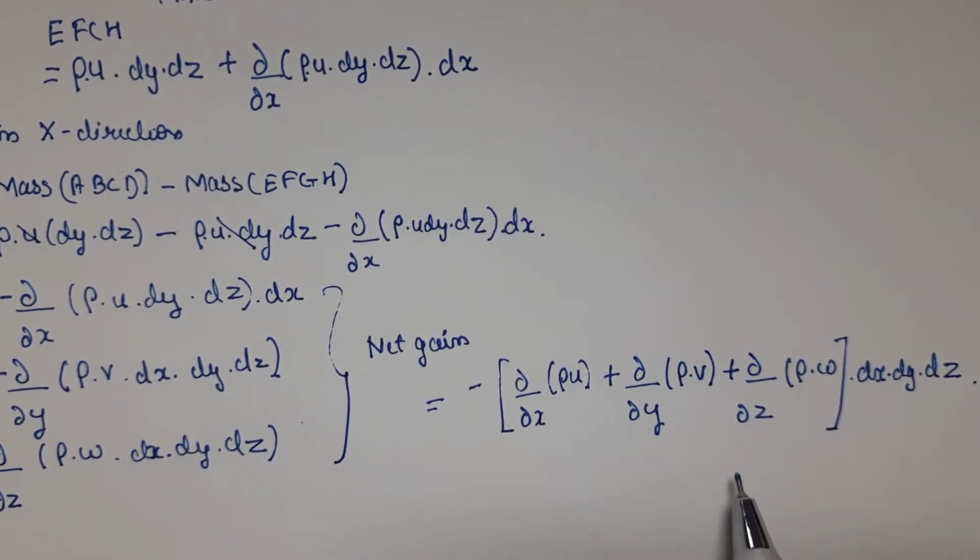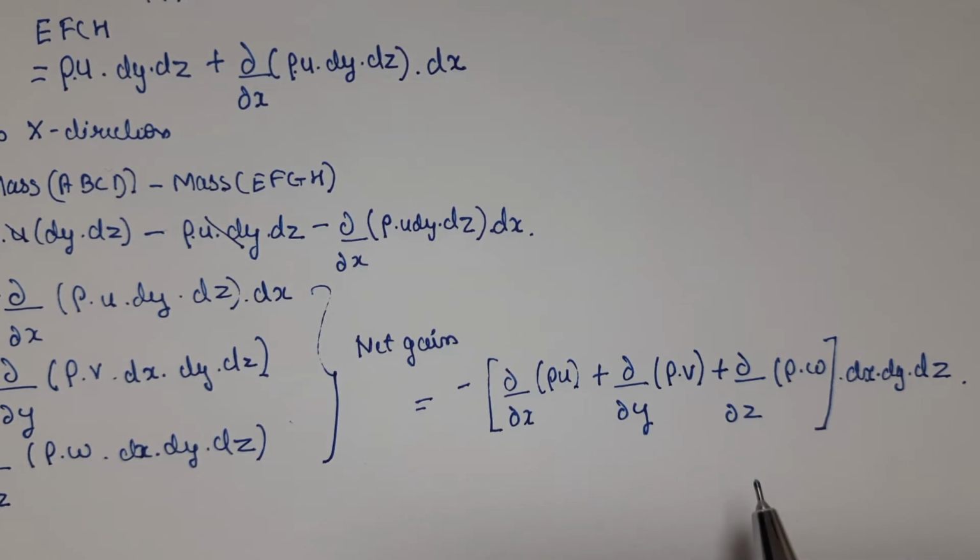So this is the net gain of mass in all three directions.